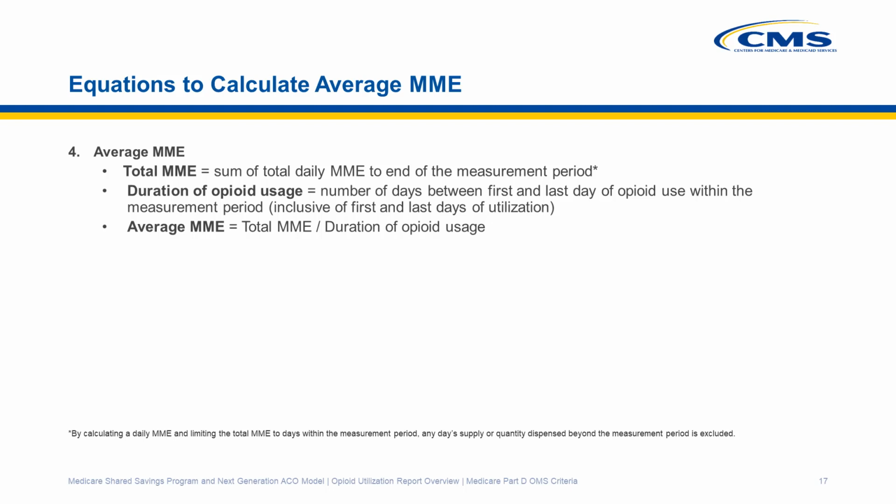Finally, the average MME is calculated by dividing the total MME within the measurement period by the duration of opioid usage. If a beneficiary has an average MME greater than or equal to 90 mg and meets either the 3 or more opioid prescribers or dispensing pharmacy count, or 5 or more opioid prescriber count criteria, the beneficiary meets the OMS criteria.